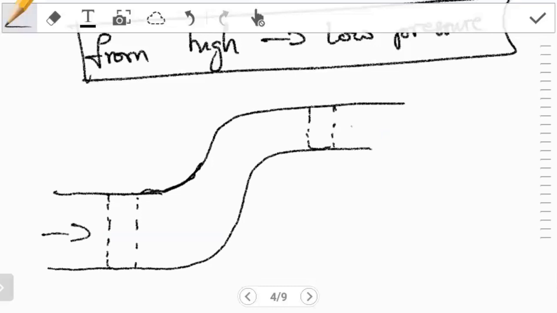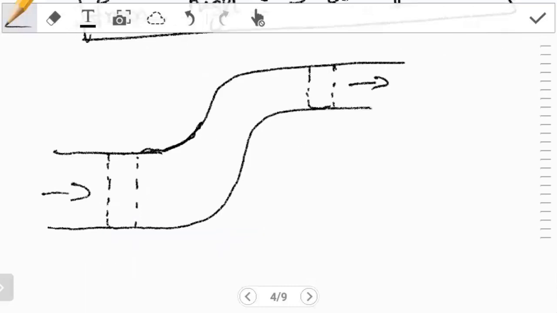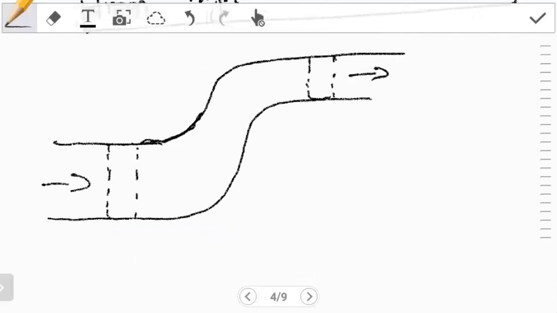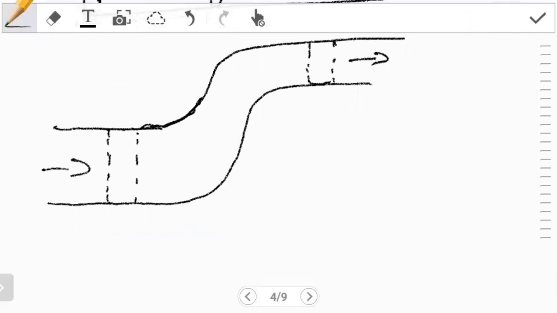Then in simple terms, if we just look at the equation, we can derive this equation, but then we have to look at so many factors. We can do that. But let's just look at how we can actually apply the equation. So in the end, we're going to end up with the pressure at 1. So if this is at the first point, this is at the second point.